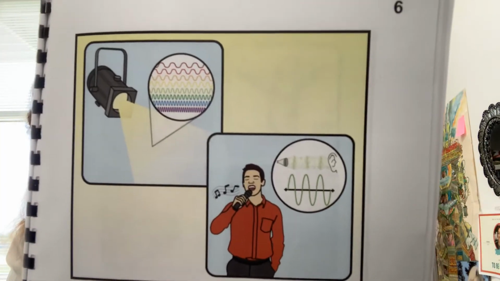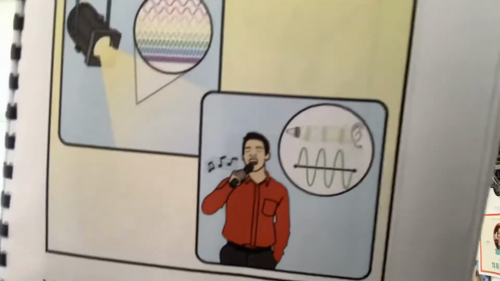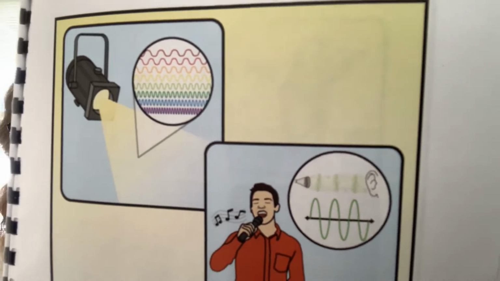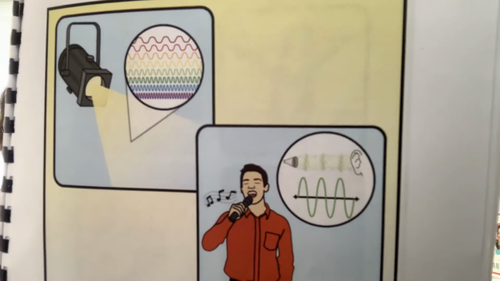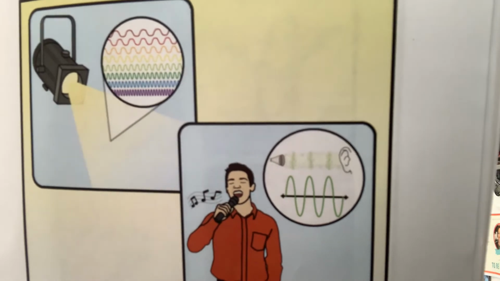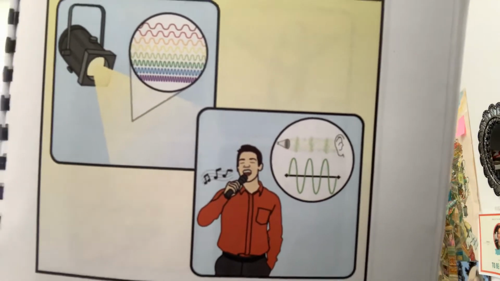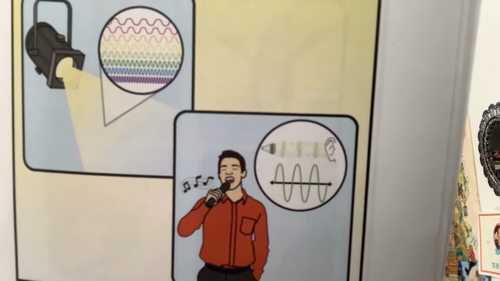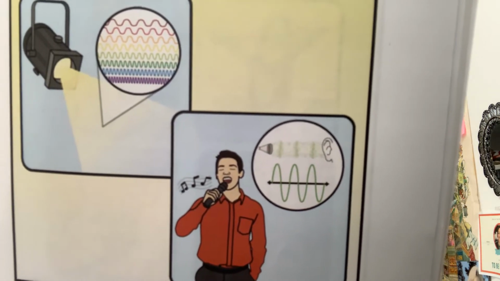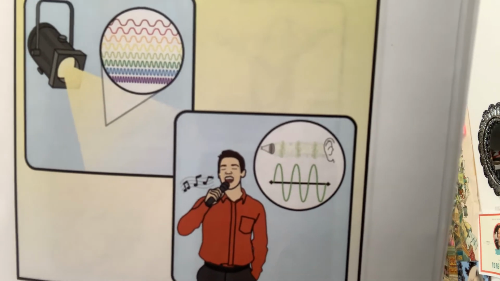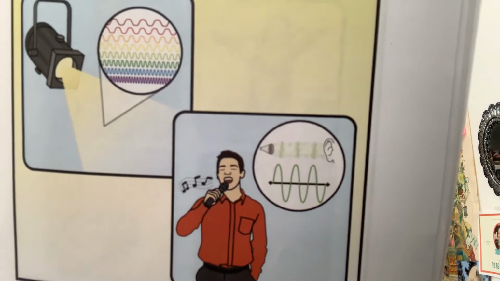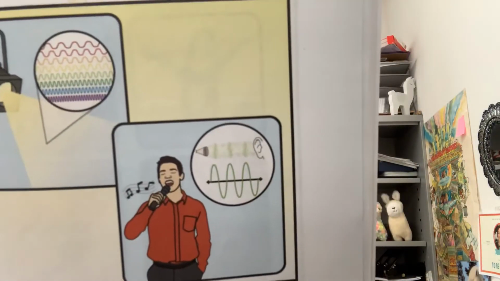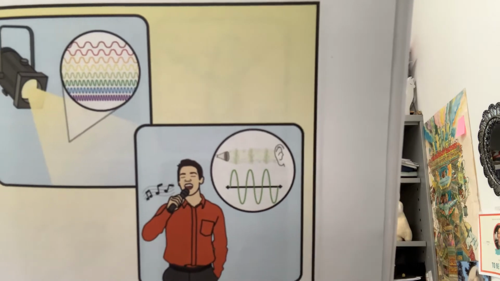Oh my, look at these pictures. Do you see those pretty sound waves and light waves? Do you see the light? Do you see the guy with the microphone singing in there? Light and sound are energy.